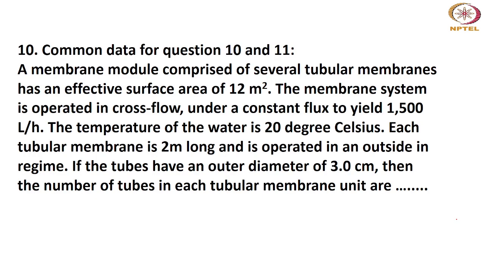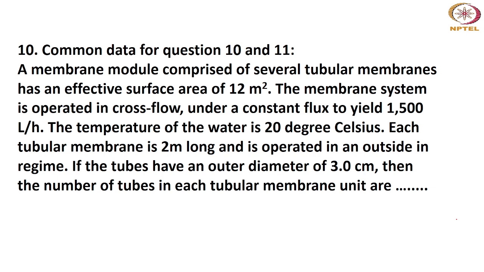The next one is a numerical question. A membrane module comprised of several tubular membranes has an effective area of 12 meters square. The membrane system is operated in closed flow under a constant flux to yield 1500 liters per hour. The temperature of the water is 20 degrees Celsius.